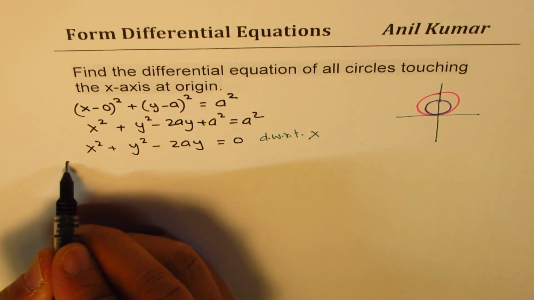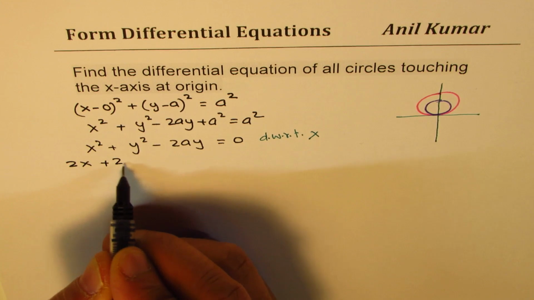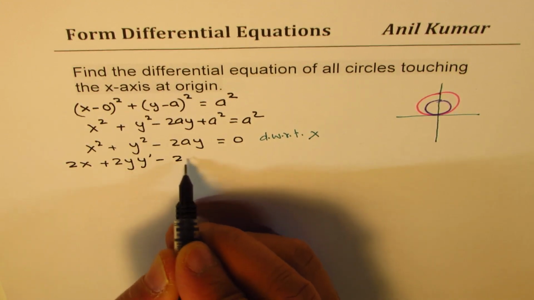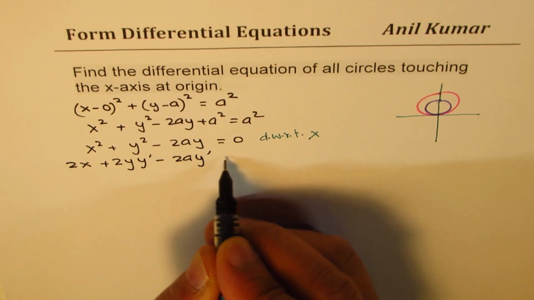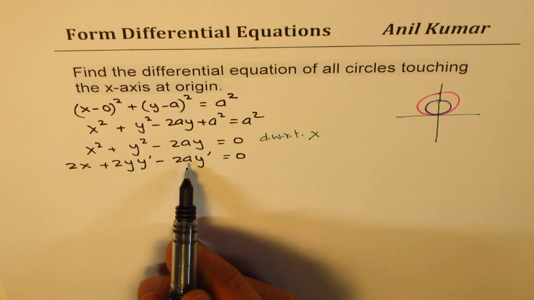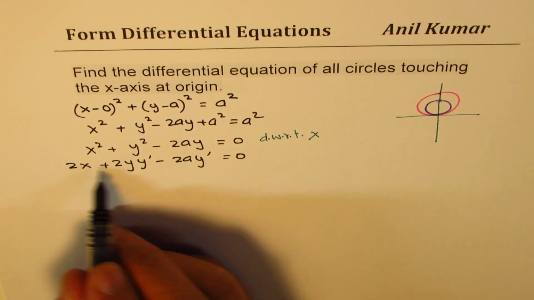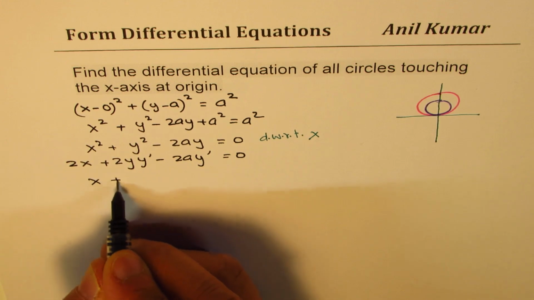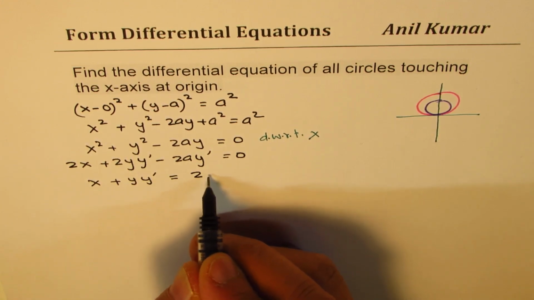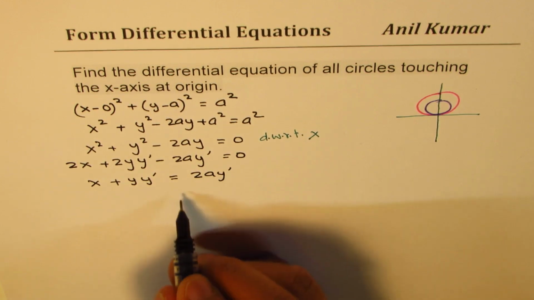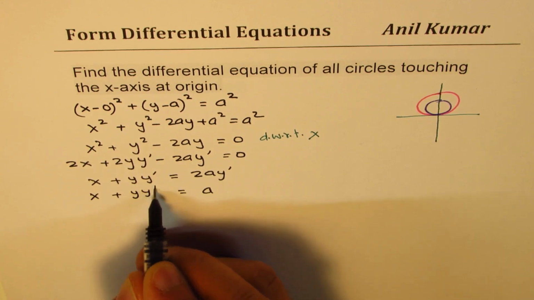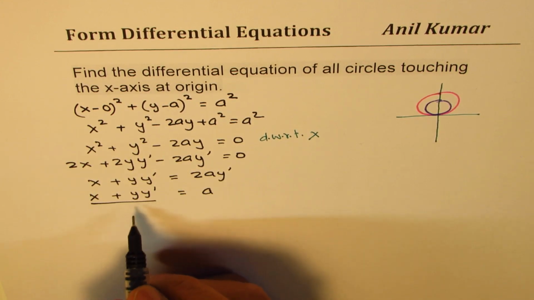So we get 2x plus 2y y prime minus 2a y prime equals 0. Now from here we can find what a is, right? Cancelling all 2's, we are left with x plus y y prime equals a y prime.